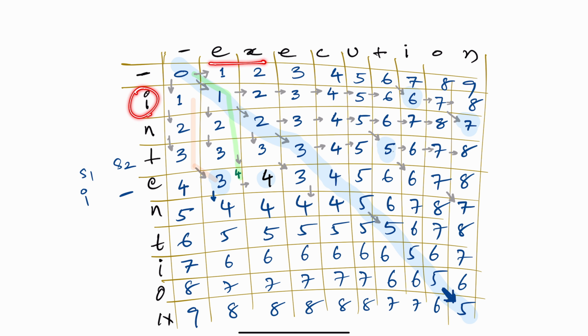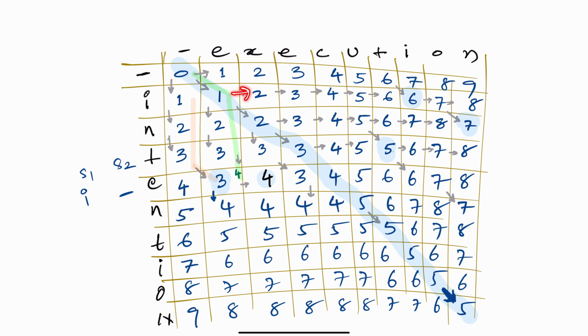So to convert I into EX, let's consider first, we already replaced I with E. Now what remains to convert I into EX is insert X, because we already replaced I with E, so we need an additional X, which is an insert operation.